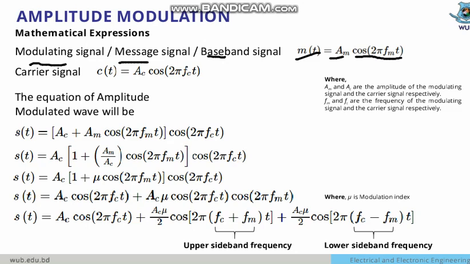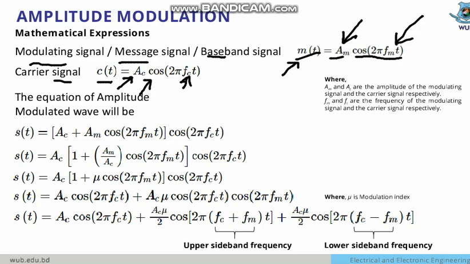As it is a sinusoidal signal, it is cos 2πfm t, where fm is the frequency of the modulating signal, Am is the amplitude of the modulating signal, and m(t) is the modulating signal. The carrier signal c(t) is Ac cos 2πfc t, where fc is the carrier frequency and Ac is the carrier amplitude.